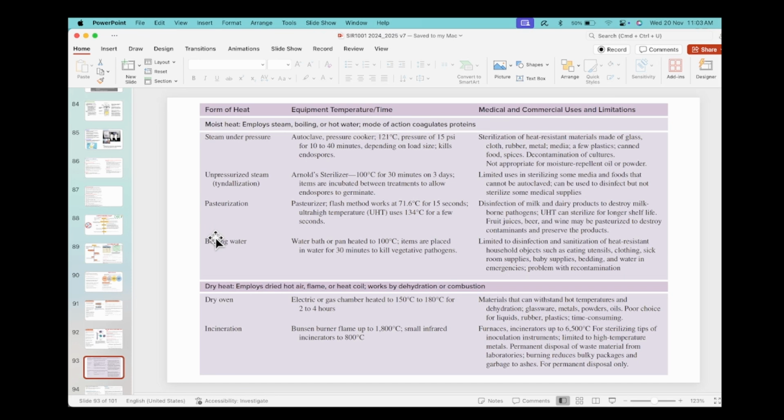For moist heat, we use a lot, especially steam under pressure, autoclave, pressure cooker, 121 degrees Celsius for 10 to 40 minutes, depending on the load size, right? So if you are utilizing a new autoclave, you must carry out tests to ensure that the autoclaving is complete.